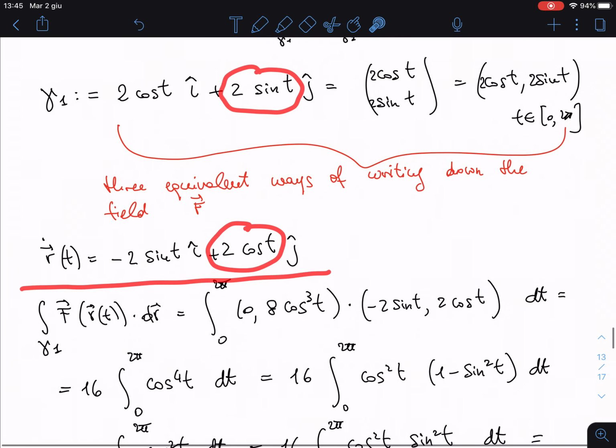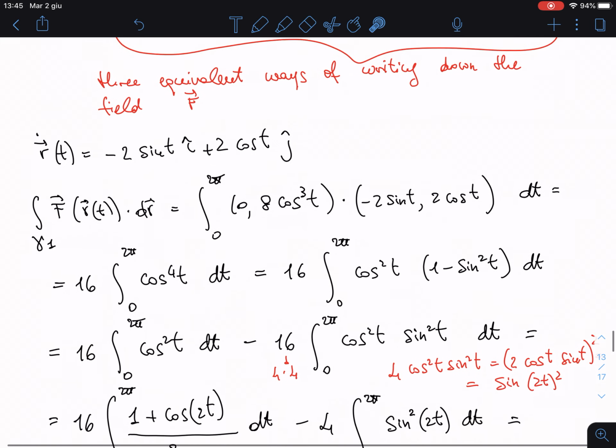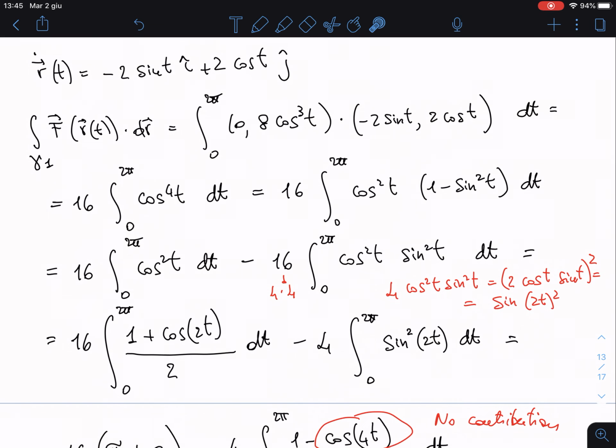And then we go to gamma 1 and we compute the integral of your field. So again, it is an integral in the parameter t between the extremes of our parametrization, 0 and 2 pi.